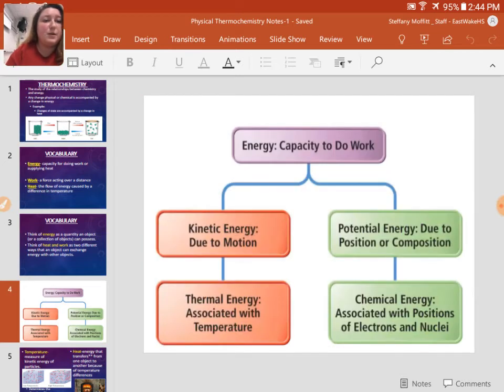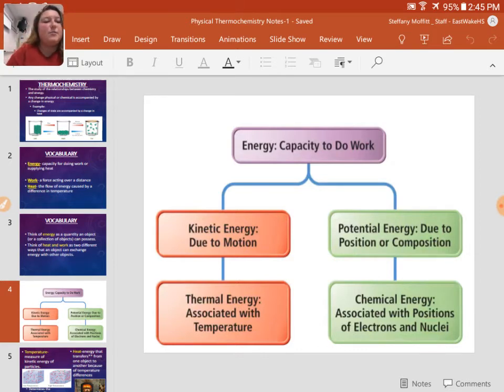Alright, so we can either have kinetic energy or potential energy. These two terms you may have heard before. Kinetic energy, that's going to be our motion energy, our moving energy. Potential energy is like it's sitting still, it's not moving, but it has that potential of energy. That's kind of how I think of it. But it does still contain energy.